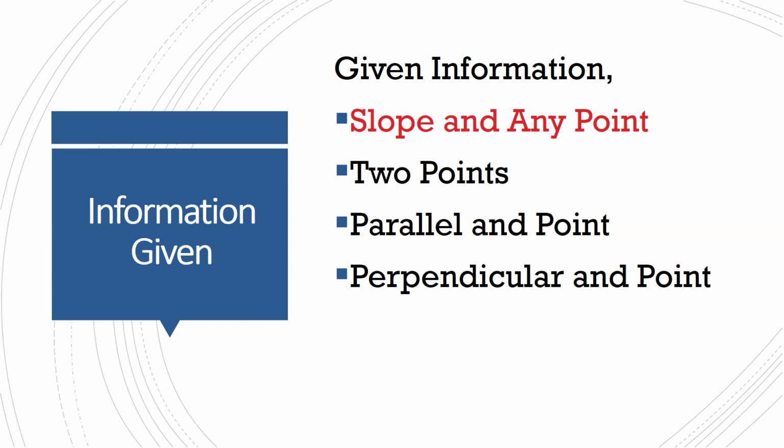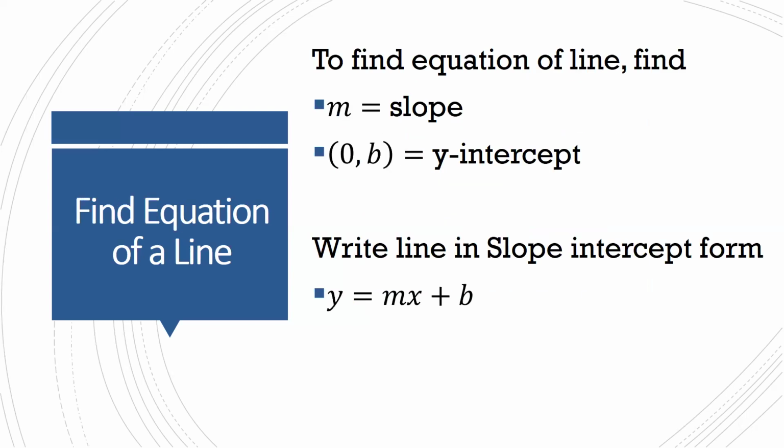In our next videos, we're going to look at when we're given 2 points on the line, and then when we're given a parallel line and a point on the line, and if we're given a perpendicular line and a point on the line. So all of these different scenarios require slightly different techniques, but they're actually all going to come down to the same basic principle.